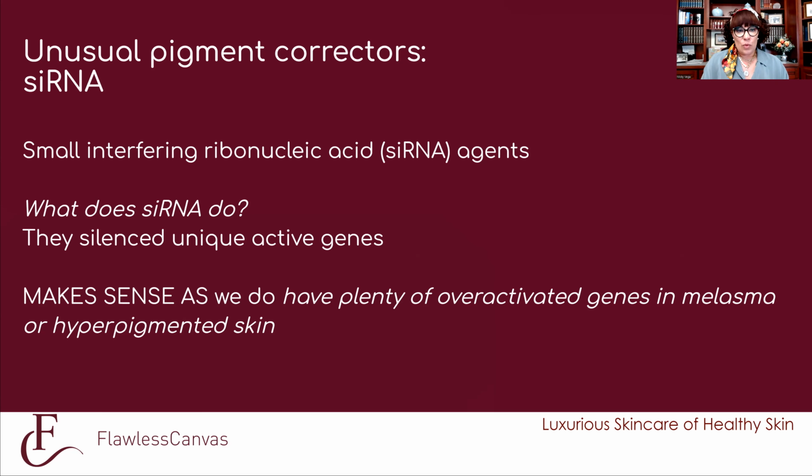The next one that we will talk about is small interfering RNAs, also called siRNAs. So what are these? They are very unique sequences of RNA that silence the expression of very specific genes. What is beautiful about this technology is that I can pick one gene and say, I don't like MITF, which is one of the genes very involved in the production of pigment.